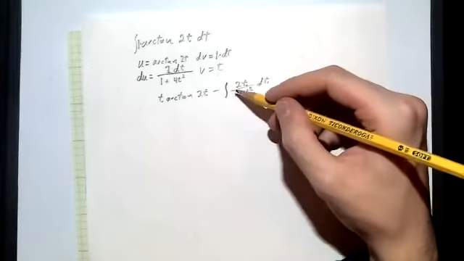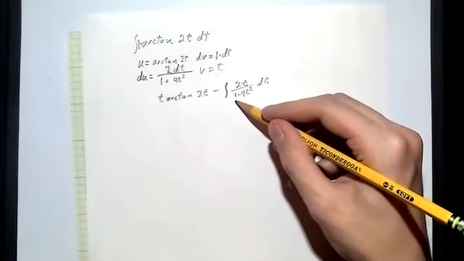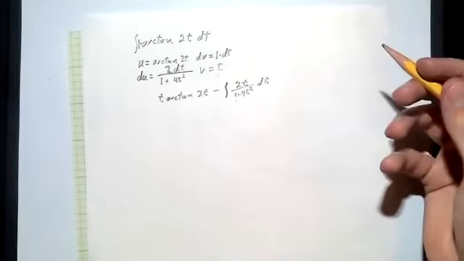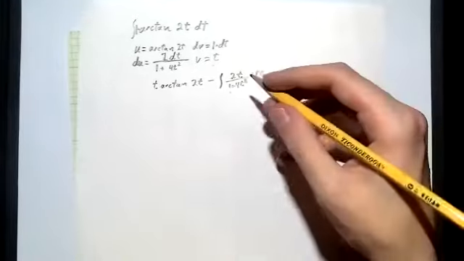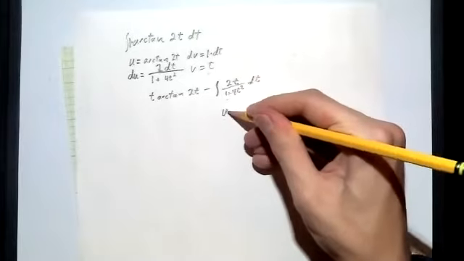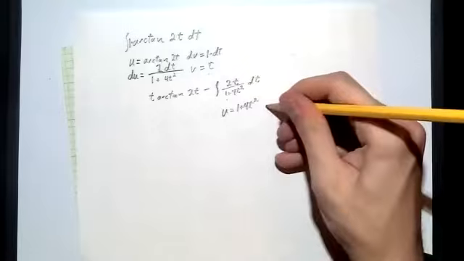So in this case, we're going to treat, and I like to include constants like this because when you take the derivative of the entire u, this 1 would drop out. So we end up with u equal to 1 plus 4t squared.